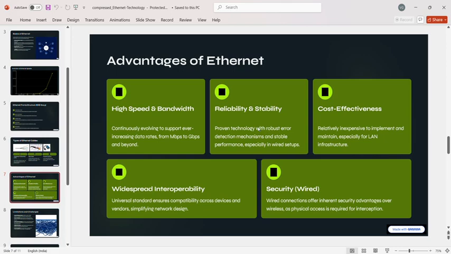It is a proven technology with robust error detection mechanisms and stable performance, especially in wired setups. The frame structure ensures data encapsulation, so the data's availability and integrity are ensured, and that shows its reliability, right?